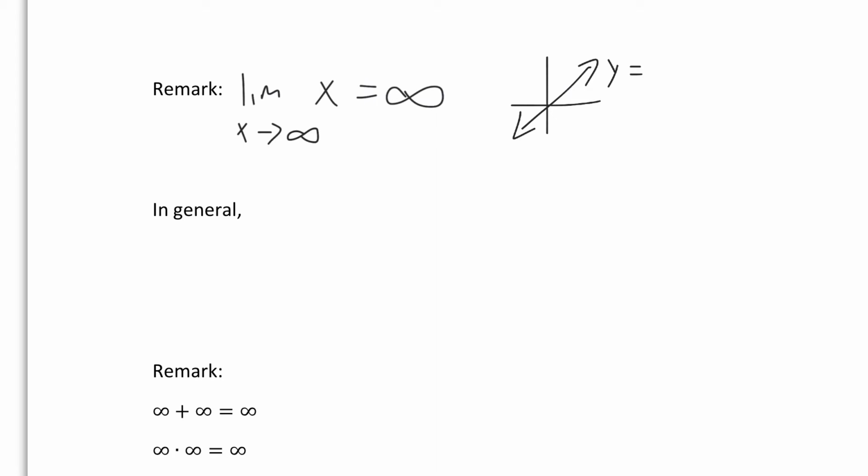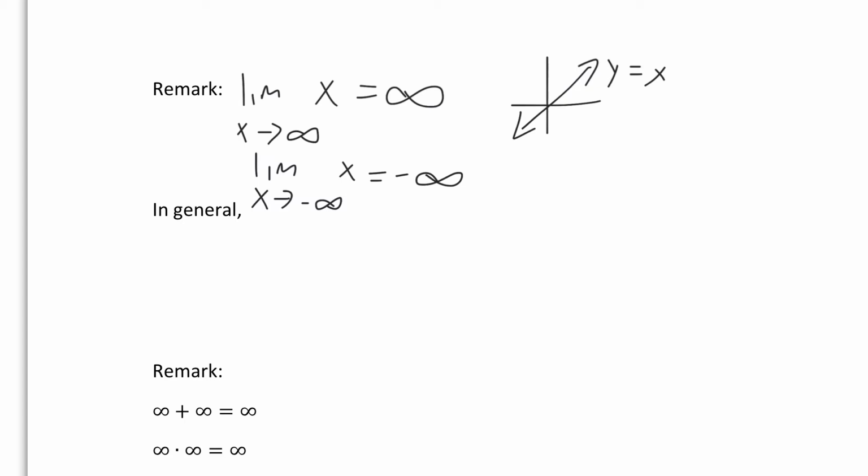This is y equals x. And so as you move further and further to the right, the graph just grows and grows and grows. It just keeps going on and on to infinity. It doesn't ever approach a specific value. Or if you were to do the limit as x approaches negative infinity of x, you would go the other way on this straight line, and you would get, of course, negative infinity.